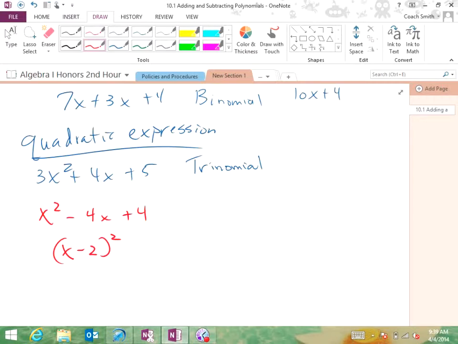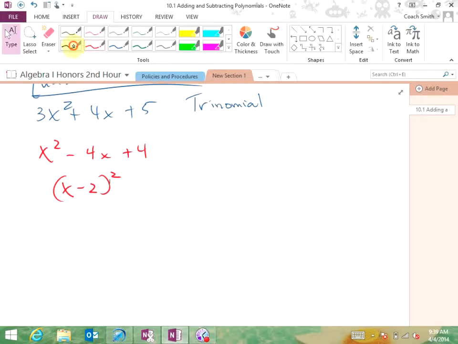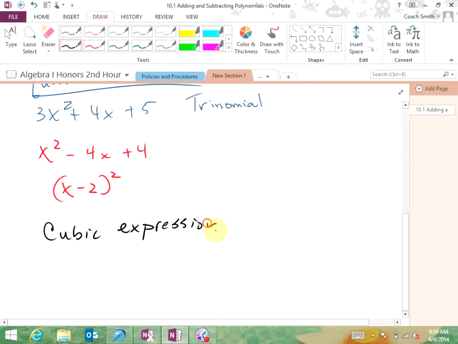Now, let's look at classifying by degree, which is what basically quadratic is doing. If you have a cubic expression, a cubic expression is 3x to the third plus 4x to the second plus 5.